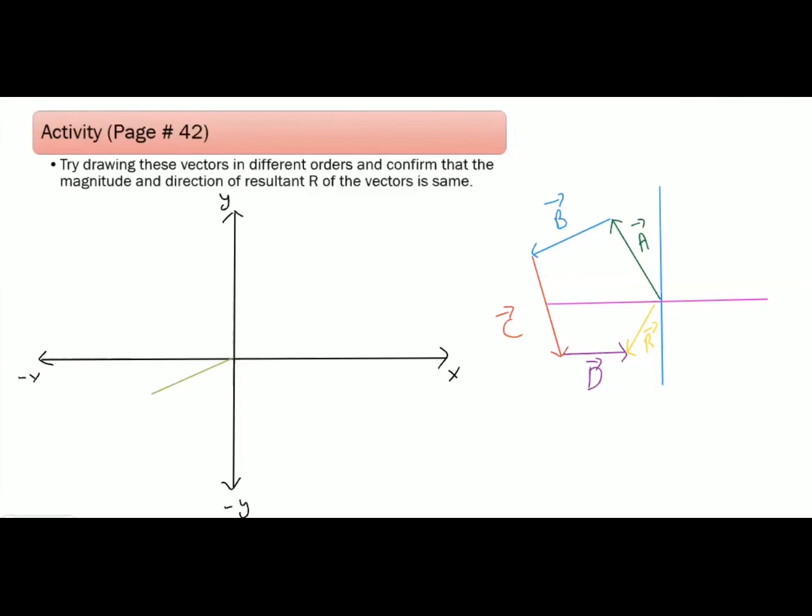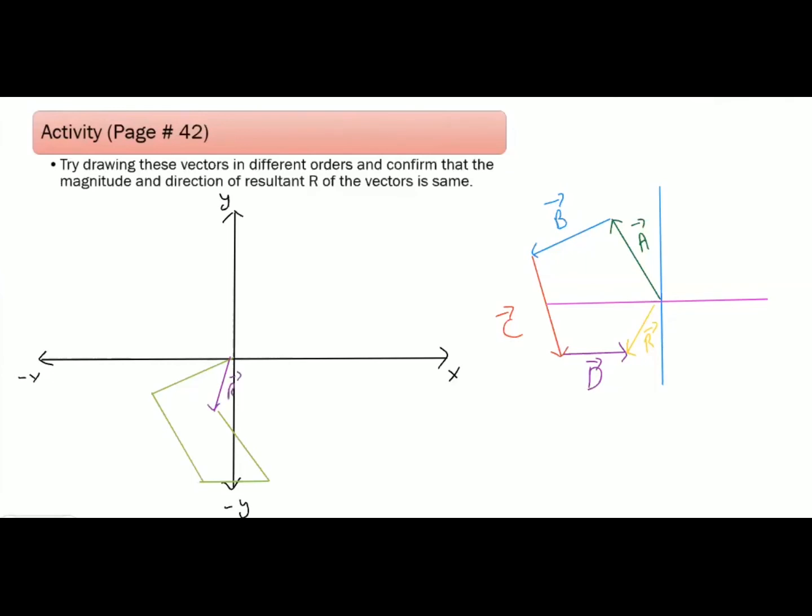Then vector C, then vector D, and at the end, vector A. And then again, we will join the tail of the first vector with the head of the last vector to get the resultant. So yes, we are again getting the same result.